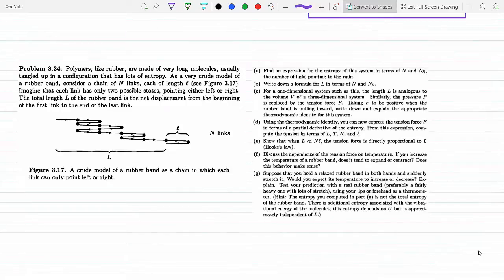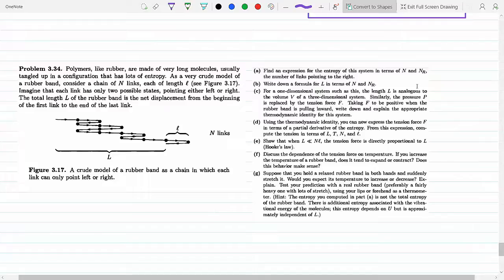So part A, we need to find the entropy of the system in terms of N and NR, NR meaning, as the question said, the number of links pointing to the right. Okay, so we could model this exactly as a coin having heads and tails.